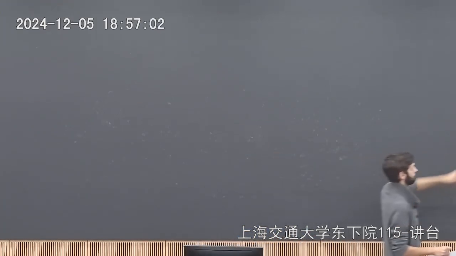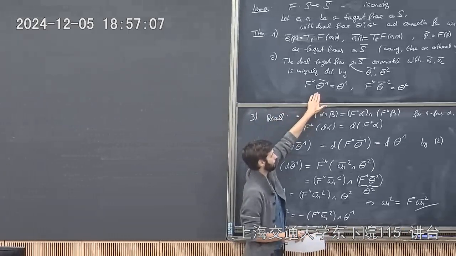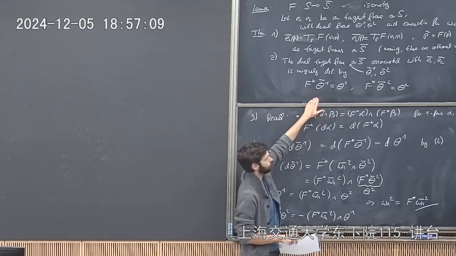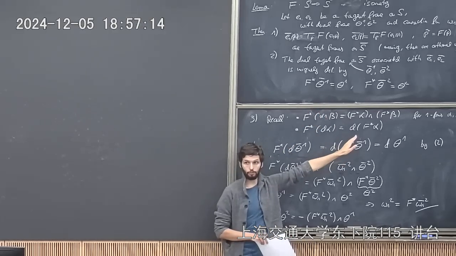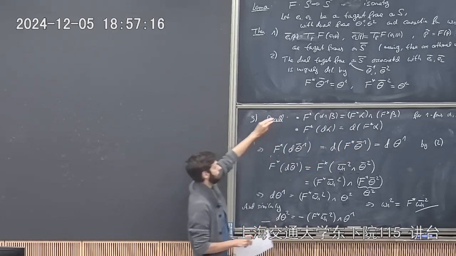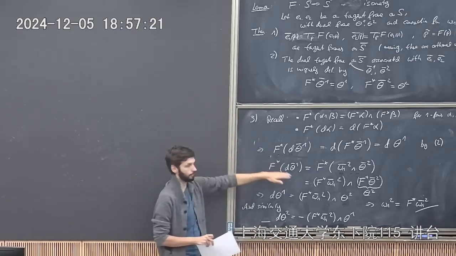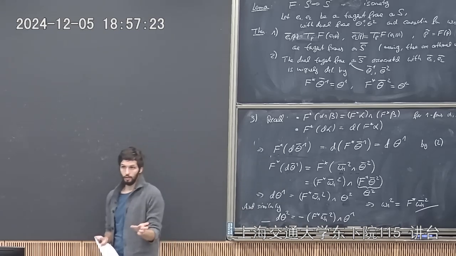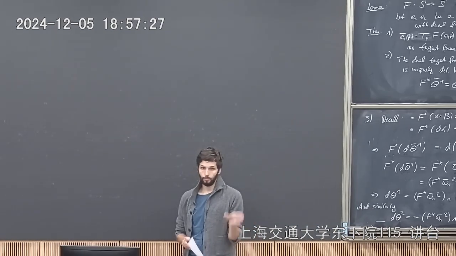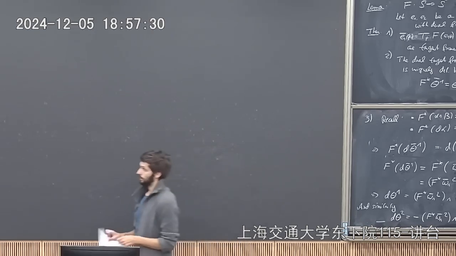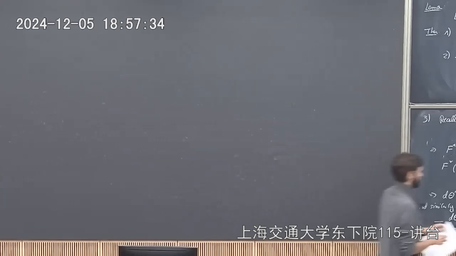Essentially, it's just understanding what happens to the connection form and to the dual tangent frame under the pullback of an isometry. That's step 1. And then the other equations, which are really more important, are the structure equations, which tell you that you determine completely the connection form once you know theta 1 and theta 2. So those are the important ingredients.